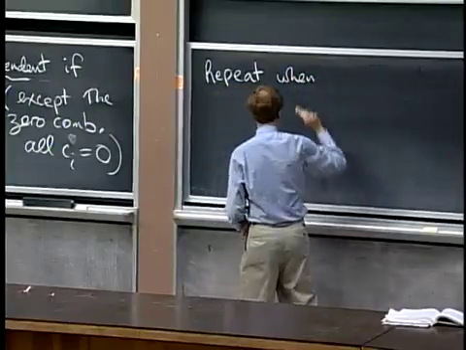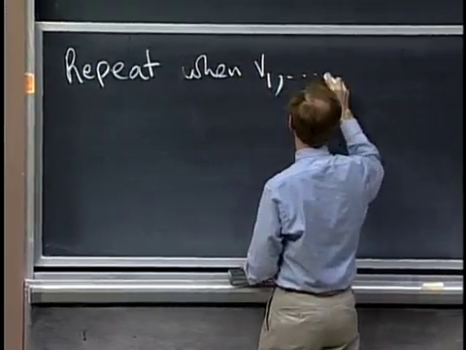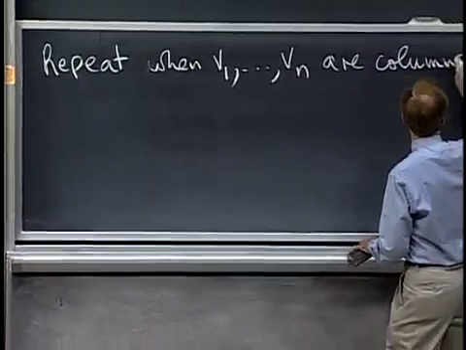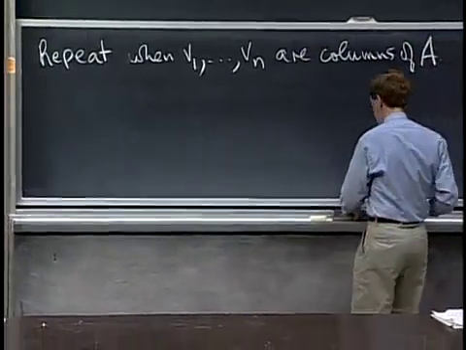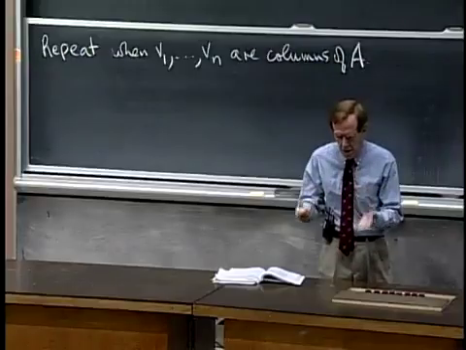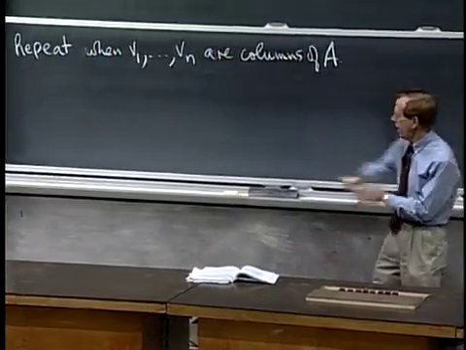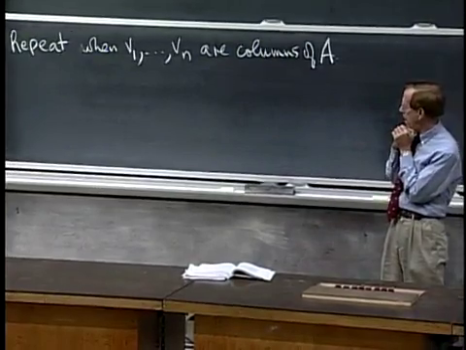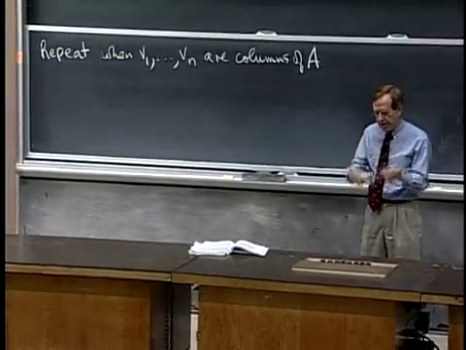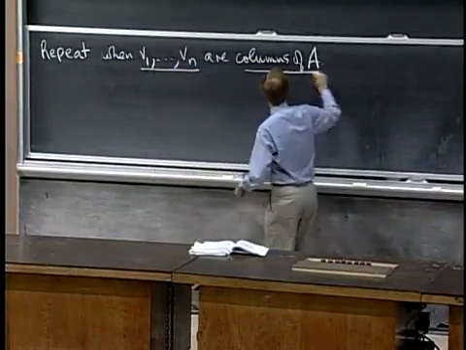When v1, let me call them v's now, v1 up to vn are the columns of a matrix A. In other words, if I'm in m-dimensional space, like two-dimensional space in the example, I can answer the dependence-independence question directly by putting those vectors in the columns of a matrix.